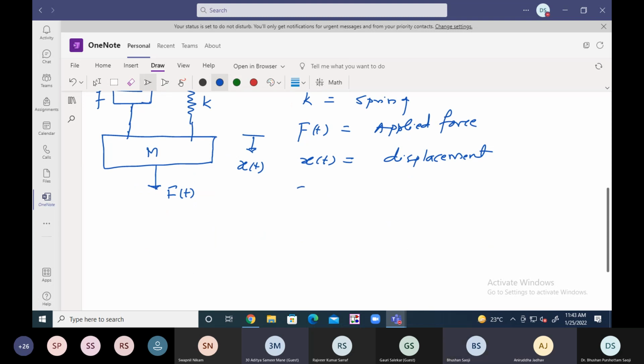And dxt by dt, that is your speed. Dxt by dt is nothing but the speed.